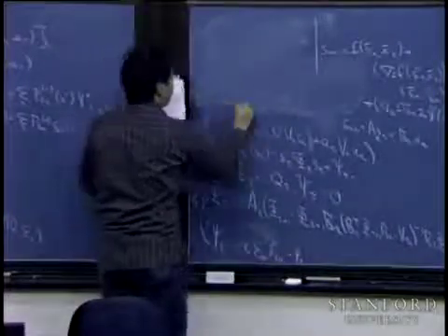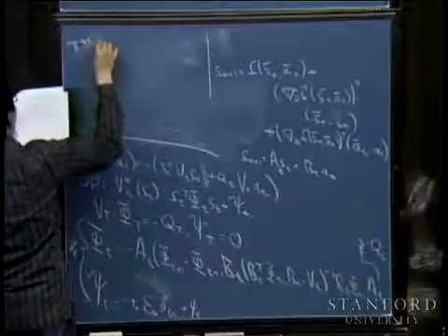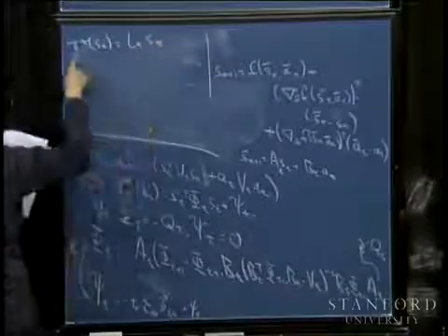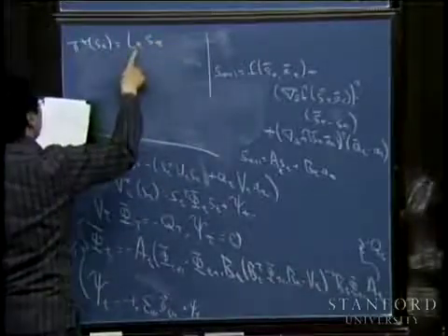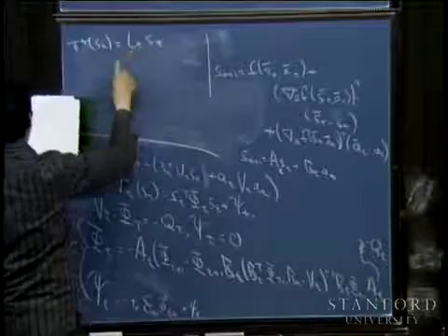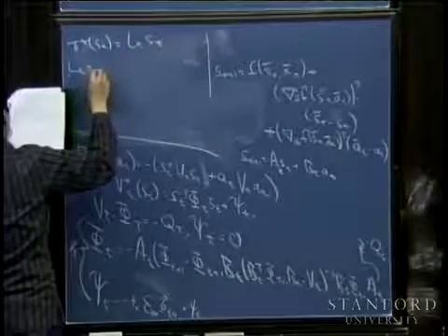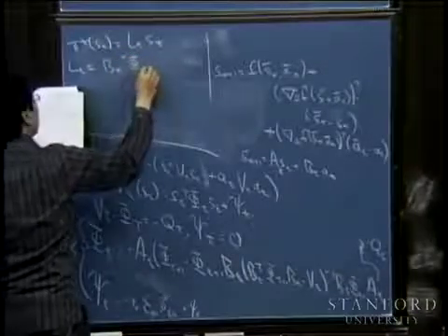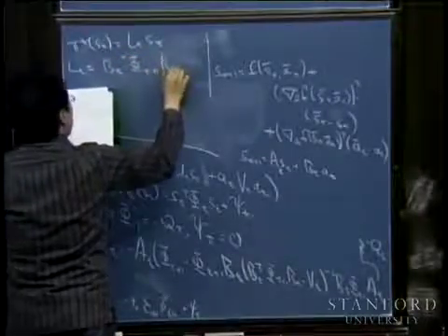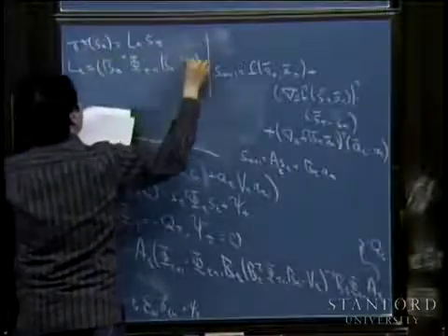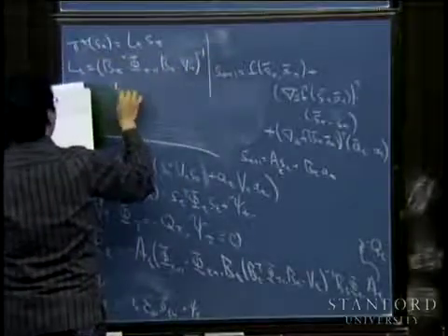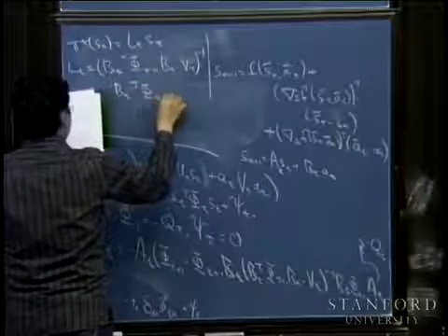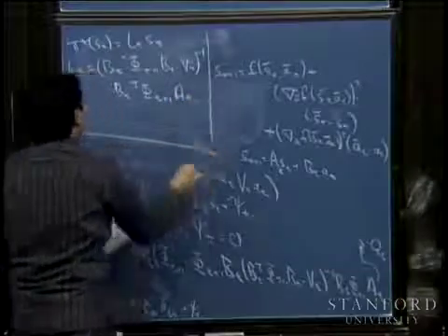And finally, the optimal policy, pi star of s_t, is given by some linear function of s_t. So L_t here is a matrix where L_t is equal to inverse times... Okay.